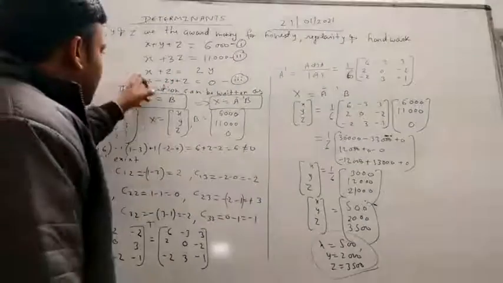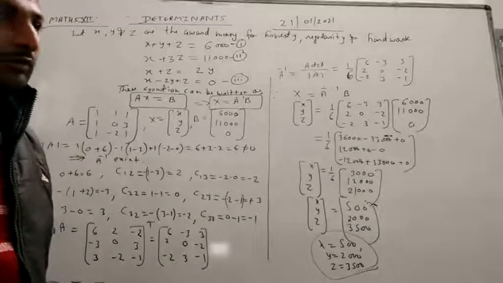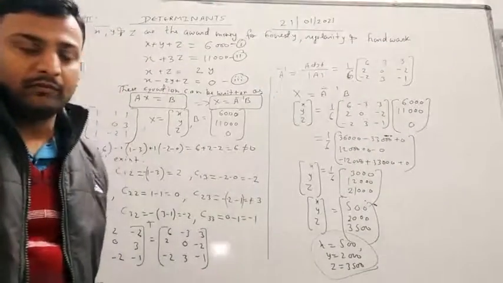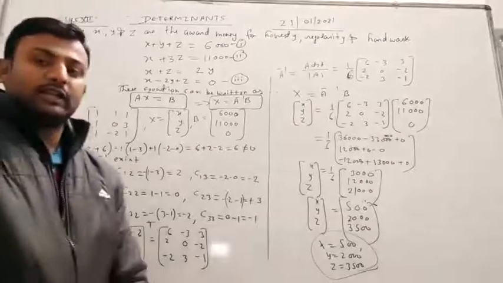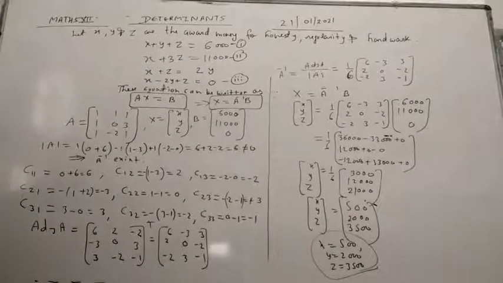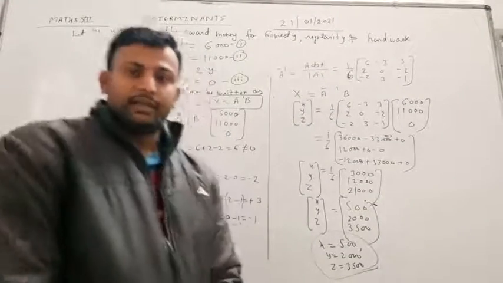Okay, so these are the 3 conditions which were given, and we had to find out from the given information what will be the award money for honesty, for regularity and for hard work. Okay, so this is our question students, and we have to use the matrix method to solve this kind of questions.